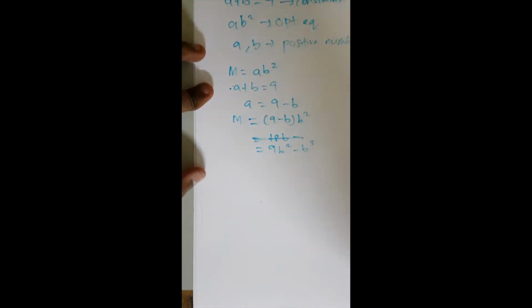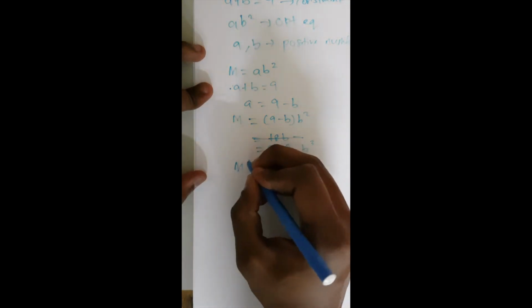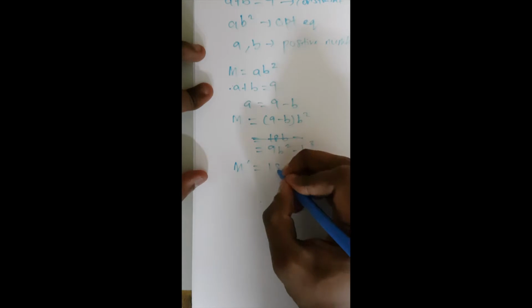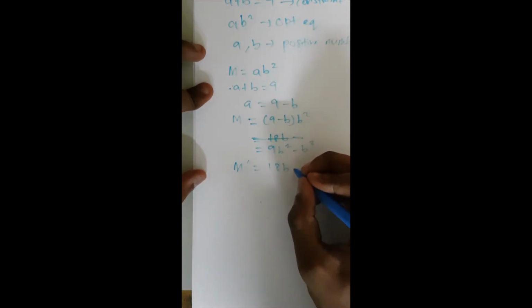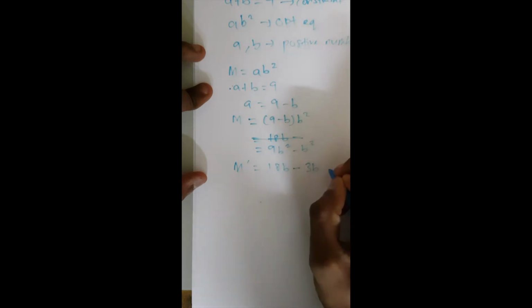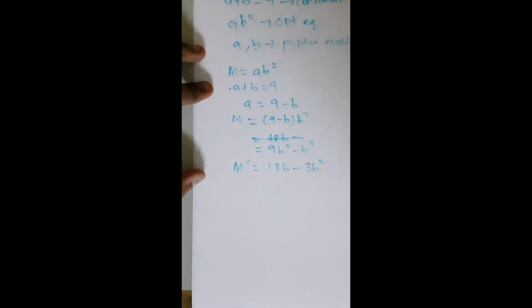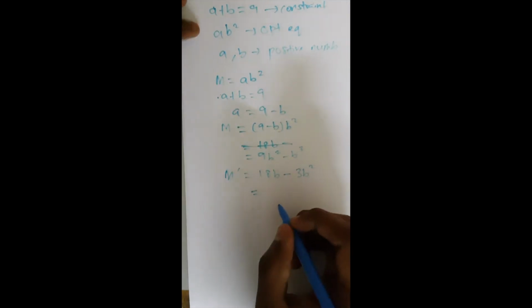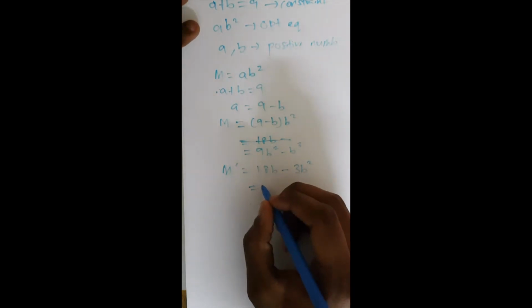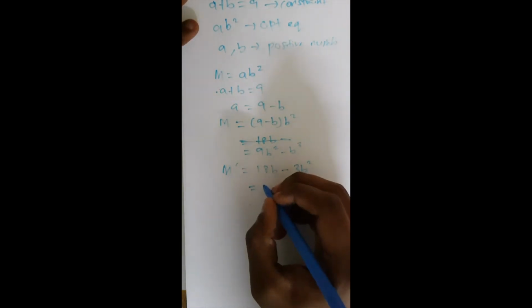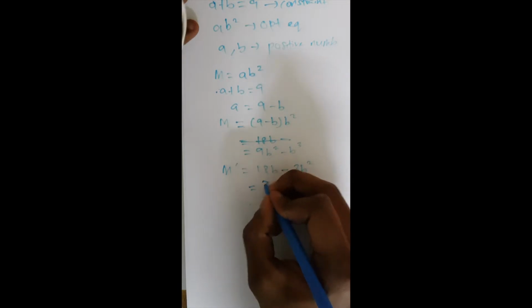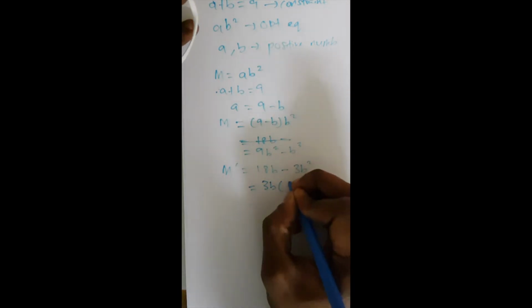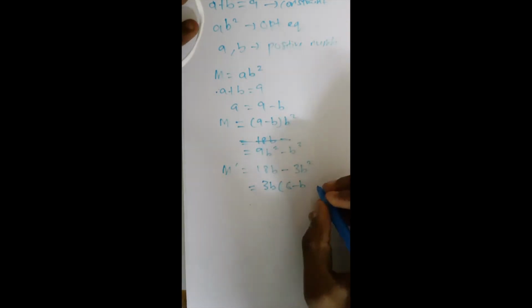So we're going to differentiate that. You'll get 18b minus 3b squared. To find the critical points, we're going to factorize it, and we'll get 3b(6 minus b).